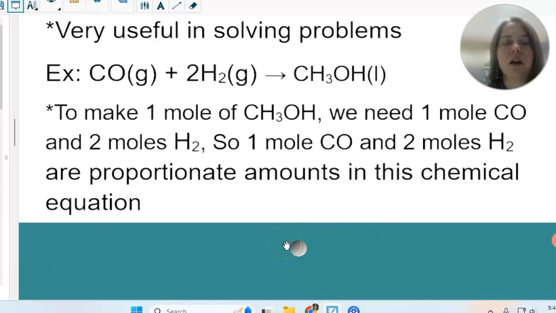To make 1 mole of methanol, we need 1 mole of carbon monoxide and 2 moles of H2. So 1 mole of carbon monoxide and 2 moles of hydrogen are proportionate amounts in this chemical equation. So 1 mole of carbon monoxide makes 1 mole of methanol. 2 moles of hydrogen make 1 mole of methanol. Those are equivalent numbers for this equation.